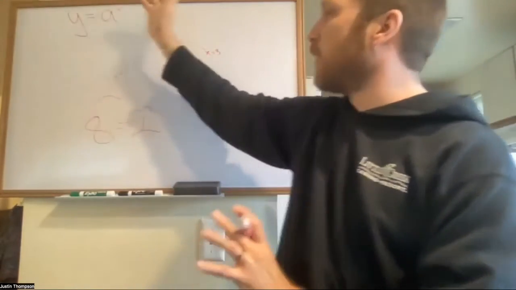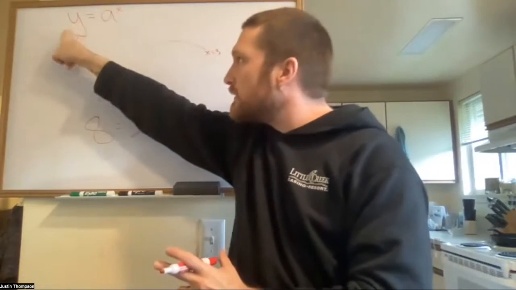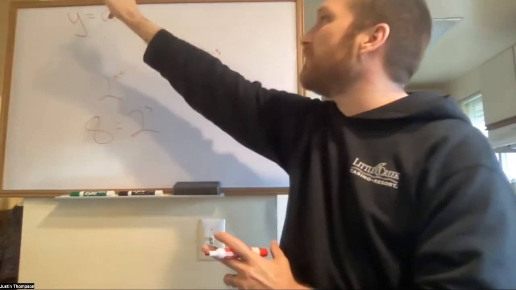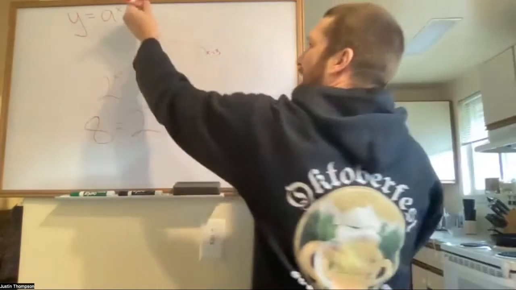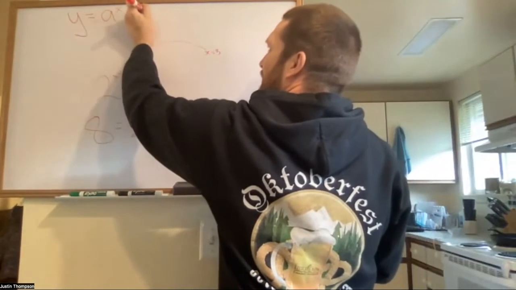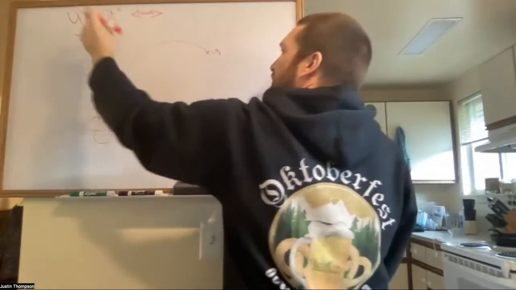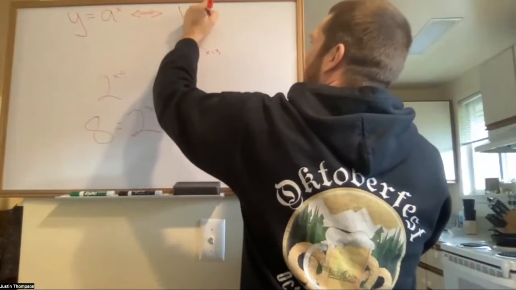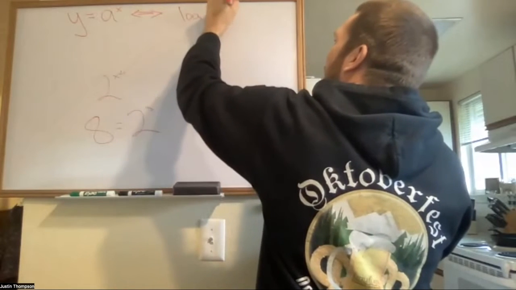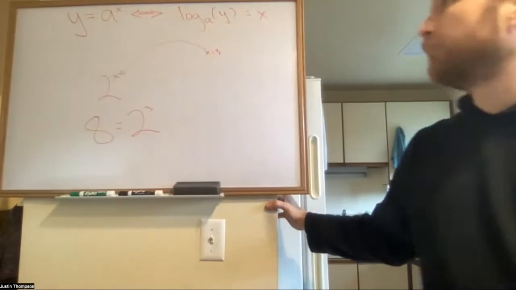So we have inputs, in this case x, outputs, in this case y, and we have the base. And we said last time, and I said this is going to be really important, to be able to go back and forth between these things, that this means exactly the same thing as log base A of the output is equal to the input.